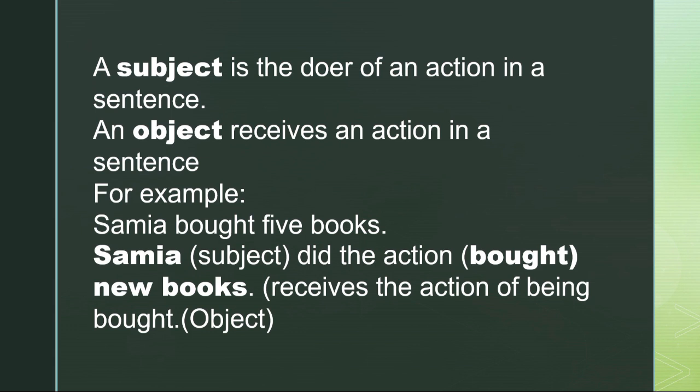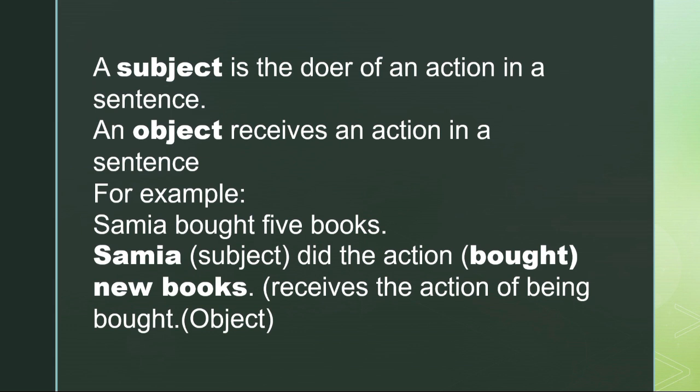Now, what is a doer and what is a receiver? The doer is the one that we refer to as a subject, and the receiver is the one that we refer to as an object. So when a noun is used in a sentence to show the person or the thing doing an action, then we refer to that noun as a subject.